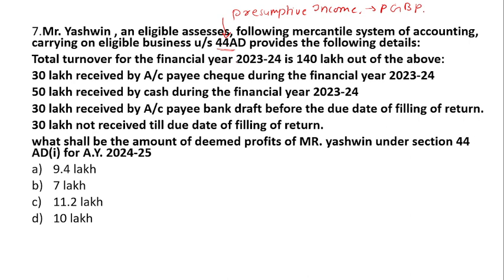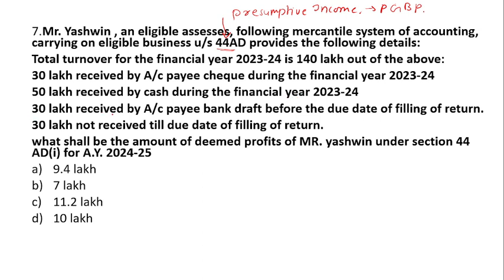Total turnover of the financial year 2023-24 is 140 lakh. Out of the above, 30 lakh was received by account payee cheque during the financial year, and 50 lakh was received in cash during 2023-24.